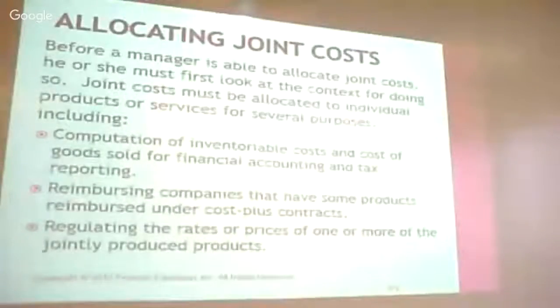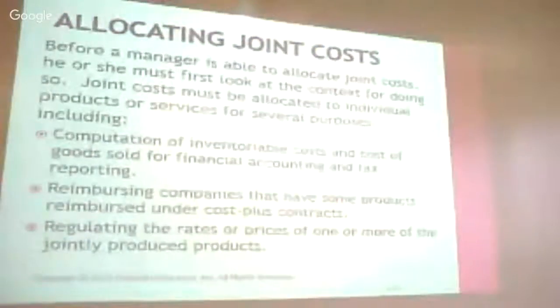So before a manager is able to allocate joint costs, he or she must first look at the context for doing so. Joint costs must be allocated to individual products or services for several purposes. What are some of the several purposes? We have computation of inventoriable cost and cost of goods sold for financial accounting and tax reporting.